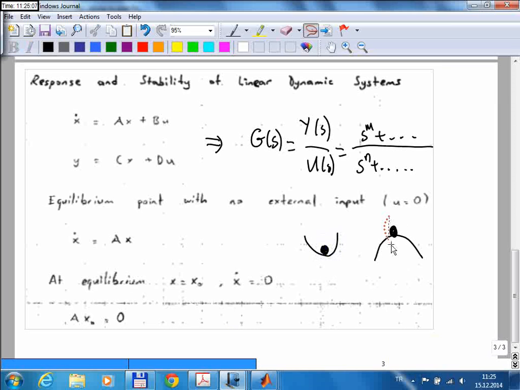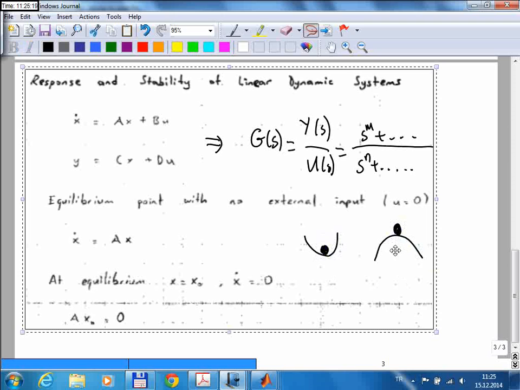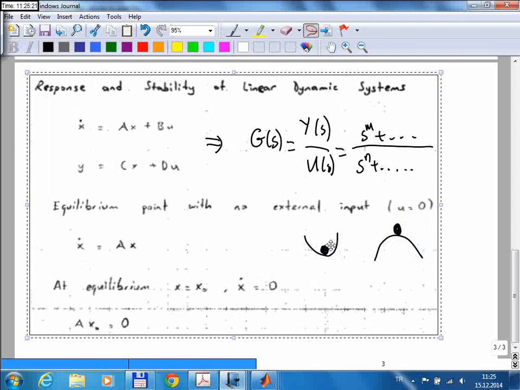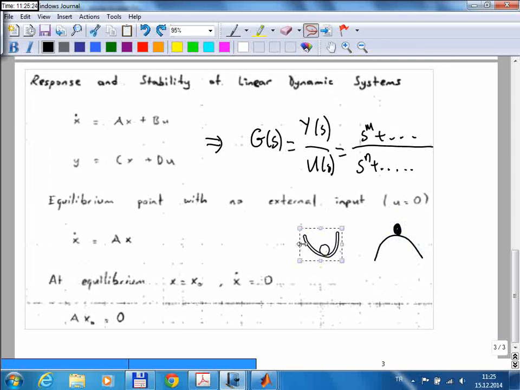And in this case, it is unstable, because if we release the system from some non-zero initial condition, then it will just move away, right? It cannot find its way back to the equilibrium point. So this is unstable. This is stable. So here the key information is the equilibrium point, right?